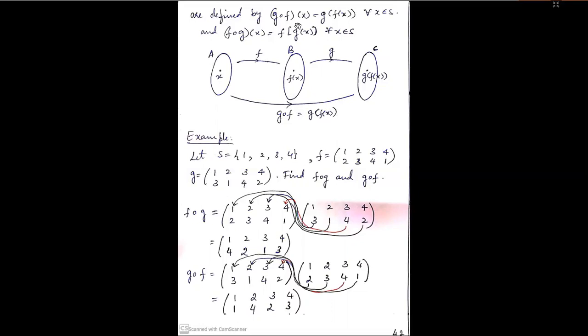So G composition F of x is equal to G of F of x for all x belonging to S, and F composition G of x is equal to F of G of x for all x belonging to S.